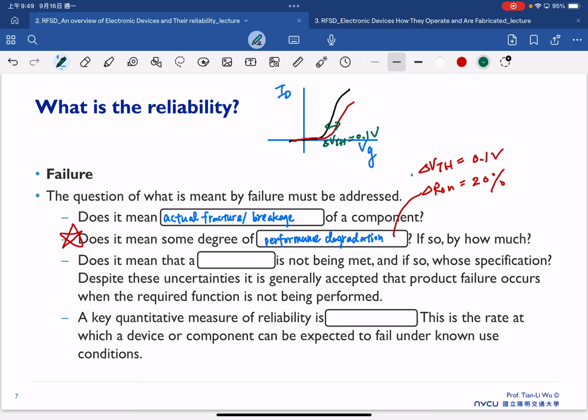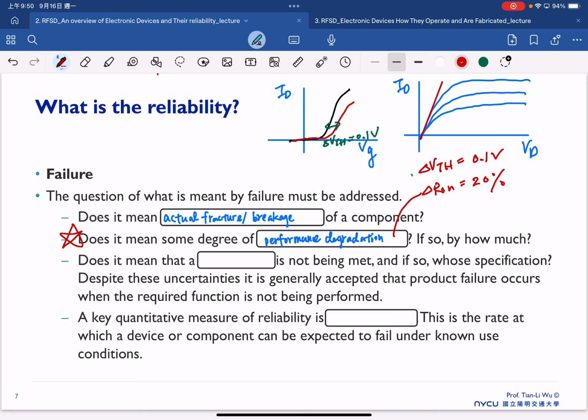Or, on the other hand, another factor very often used is IDVD. The IDVD for a transistor generally looks like this. Usually we define this part as our on-resistance.